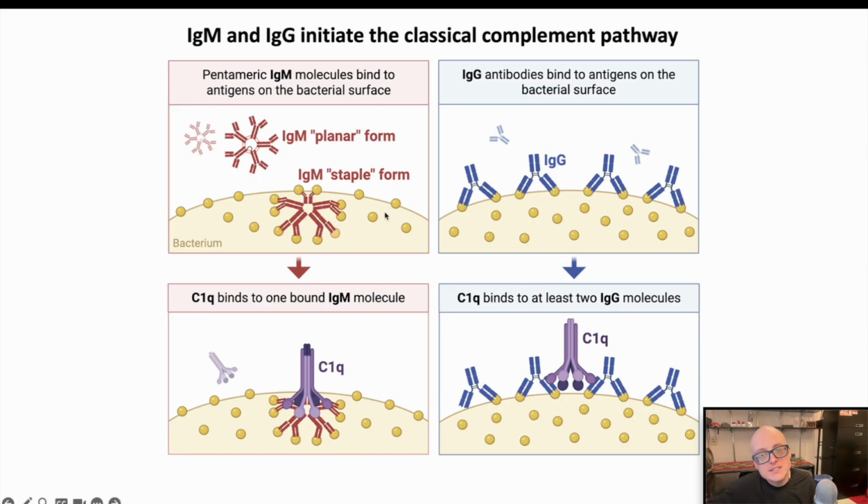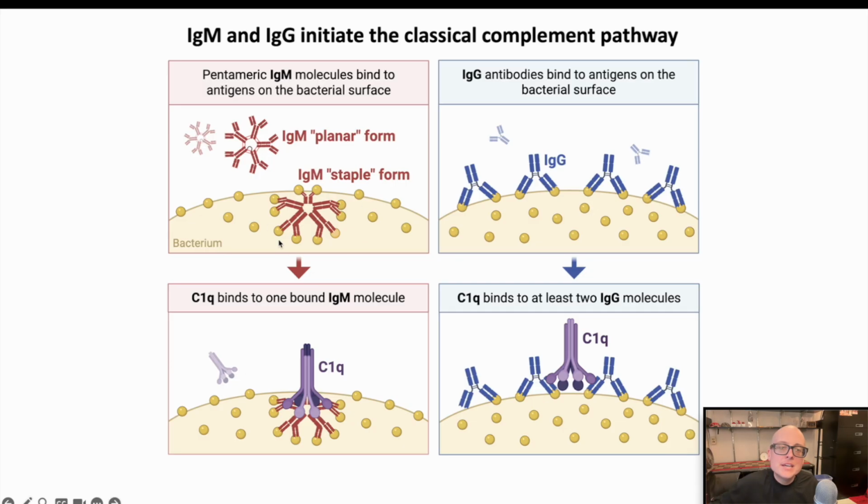Something to note here is that while both IgM and IgG are capable of initiating the classical complement cascade, IgM is actually a bit better at it, because it forms these really large pentameric or hexameric structures. When the arms of this structure bind to the surface of the pathogen, it can form something that we call a staple. It serves as a signaling platform where it's held on at multiple locations.